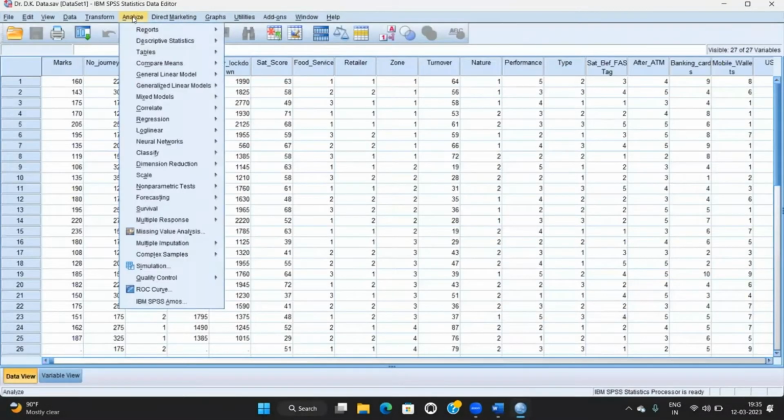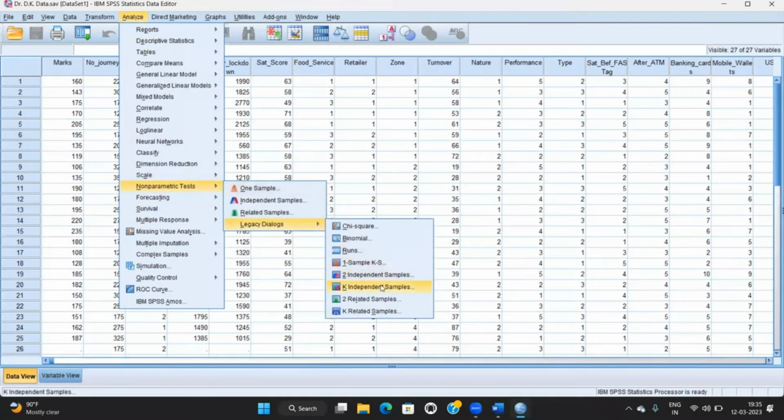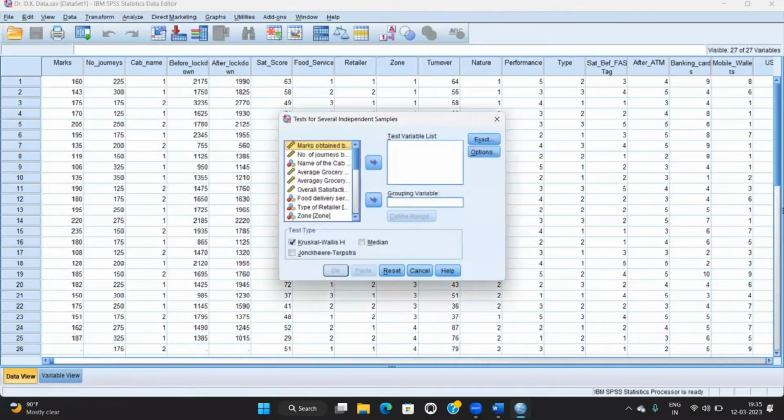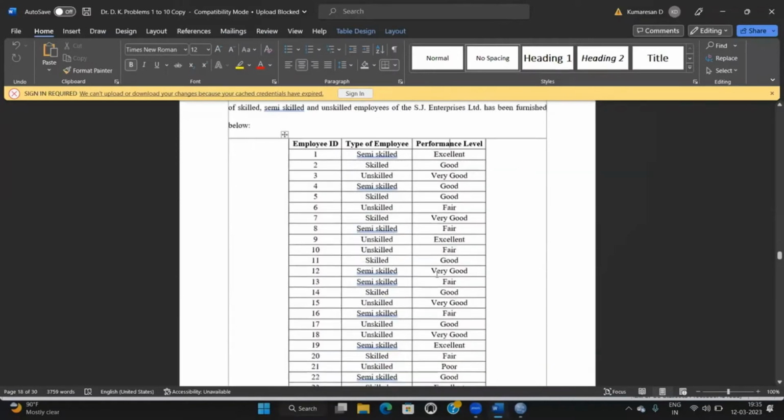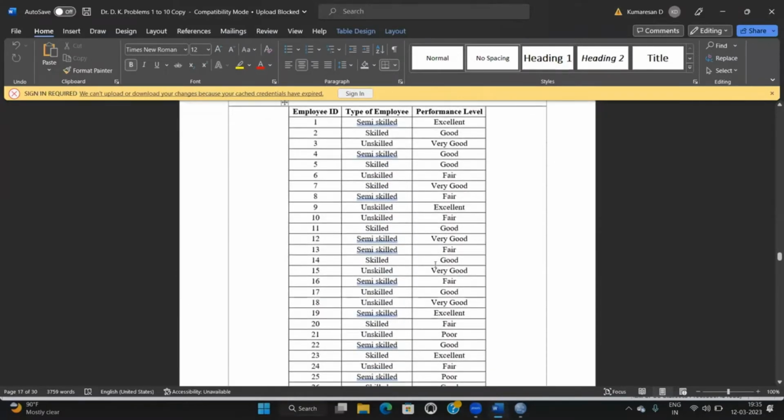Once again, analyze, non-parametric tests, then legacy dialogues. Now you select K independent samples. Here also the samples are independent. Why? Skilled, semi-skilled, and unskilled. A skilled employee cannot be regarded as a semi-skilled.